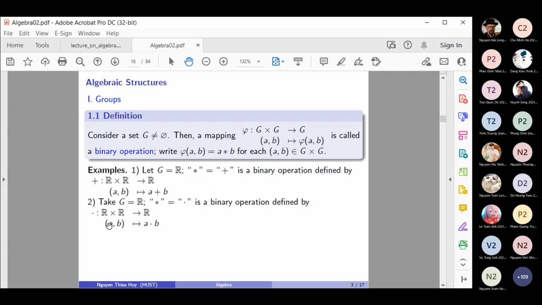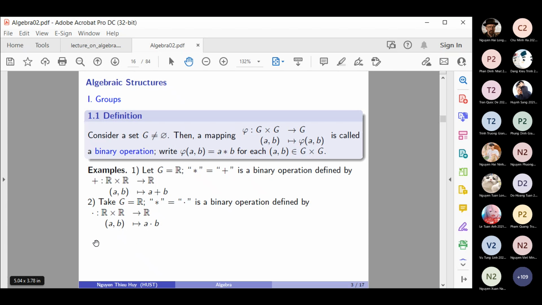And (4, 3) maps to 12. Now, this we learned in high school, but at that time we did not know this is really a mapping, because every time when A, B are given, then A multiplied by B is well defined. It is defined uniquely. Then you have a mapping. So this is actually a binary operation.